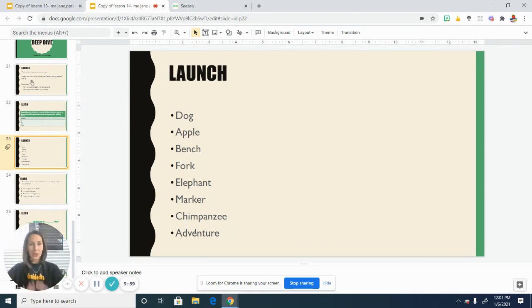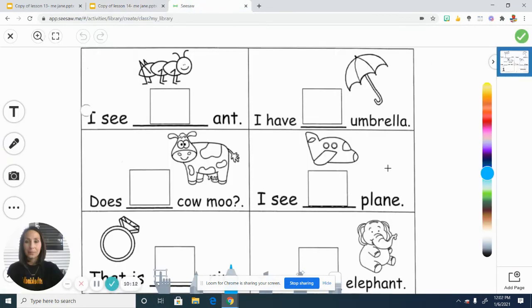All right, so I know that was a lot, and I know we will keep talking about this and practicing this. But today, for your activity, this is what you're going to do. Let me show you. Okay, so you will see this on your Seesaw activity, and you will just use the pen tool or the typing tool to either write "a" or "an," depending on what the noun begins with that follows.